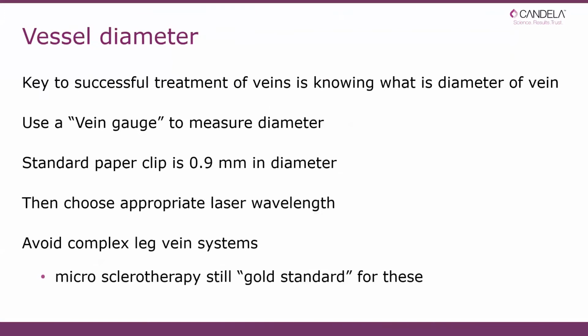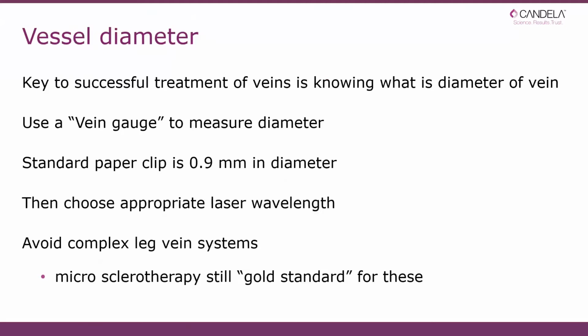Vessel diameter, I think, is really one of the critical parts when you're looking at treating any kind of vascular lesion. It's understanding the size of that vessel. And it's possible to use something called a vein gauge to measure that diameter. Generally, all of the companies will supply you with a vein gauge when we sell you a vascular laser.